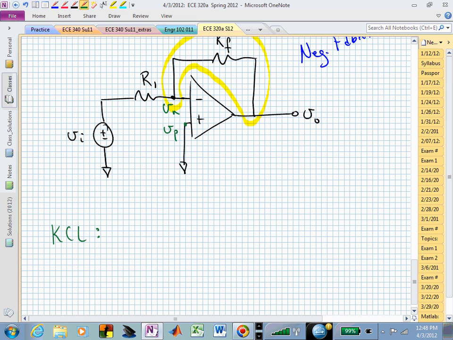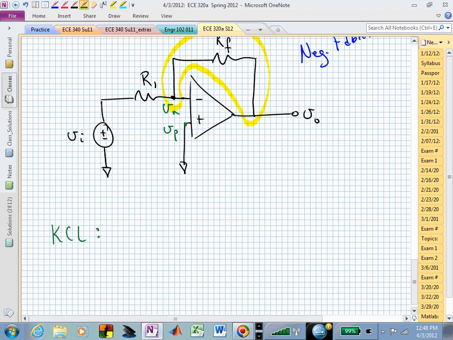If I perform a KCL at the inverting input node, I see that I have current going to the left from V sub N, and I have current going up out of V sub N, and I have nothing going into the op amp by the ideal op amp assumption.